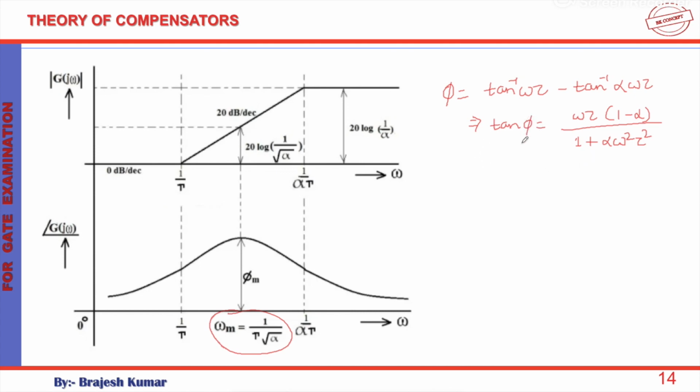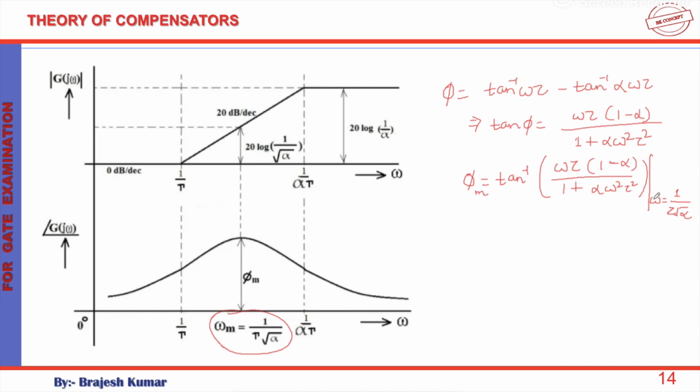So conversely, you can also write this formula as phi equal to tan inverse of omega tau times 1 minus alpha divided by 1 plus alpha omega square tau square. And if you put omega equal to 1 divided by tau root alpha, then this value of phi will become phi m.